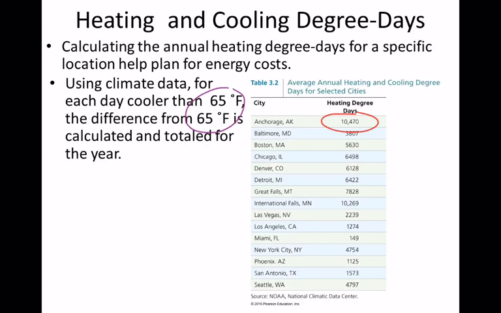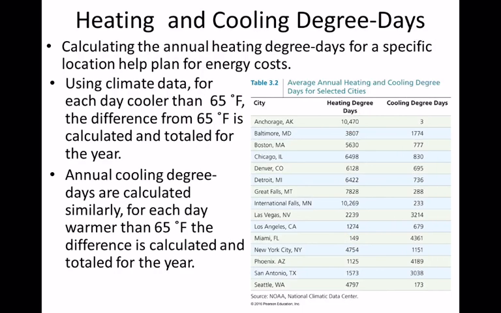How many degrees away from 65 degrees is it? Okay. So we can pick on Miami, 149 degrees throughout the year that are below 65. Okay. So does that work for you?